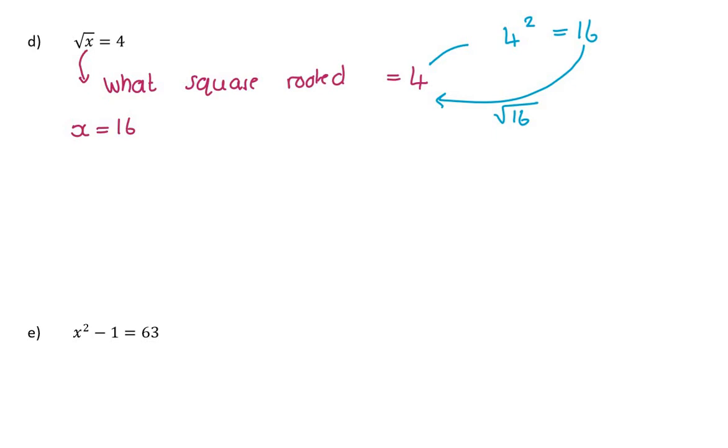So it's almost like when we did linear equations and we spoke about inverse operations, the opposite operations. So the opposite operation of squaring is square rooting, and the opposite operation of square rooting is squaring. So if you don't know what square rooted will give you 4, why don't you just square 4 so that you can see what square rooted would give you 4?